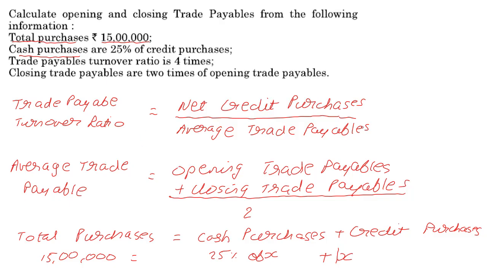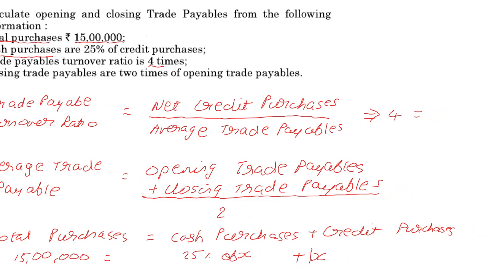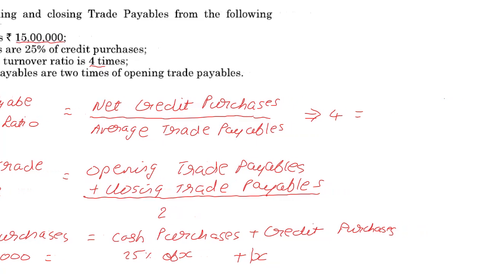The trade payable turnover ratio we know is 4 times. So I'm going to say 4 is equal to credit purchases, 12 lakhs, upon average trade payables.